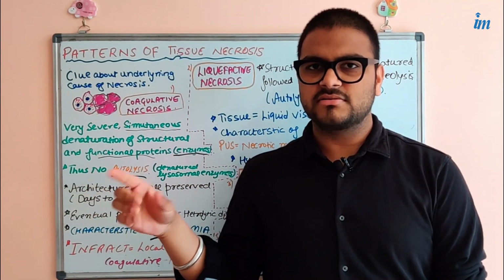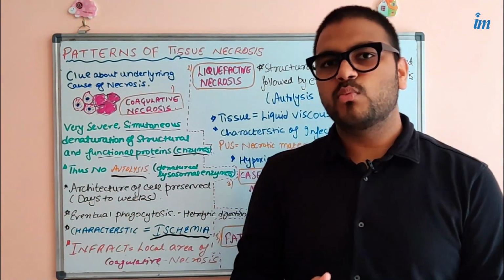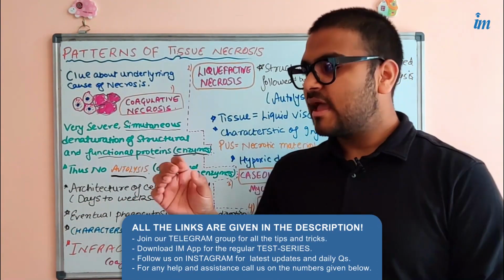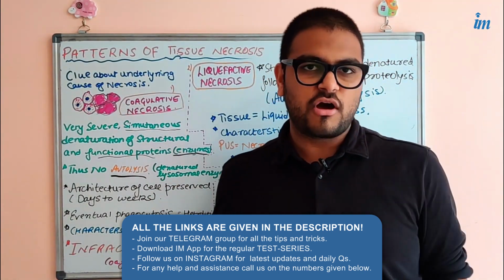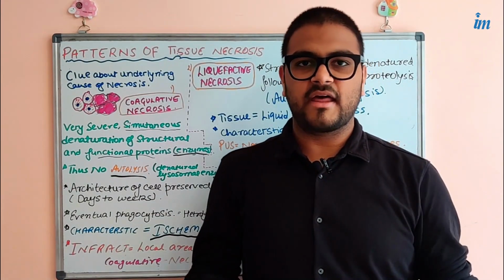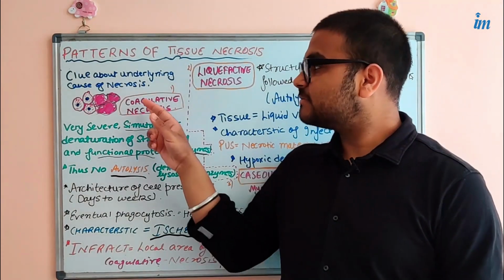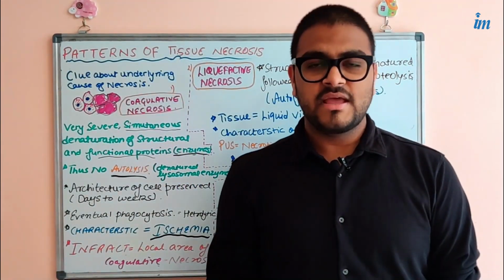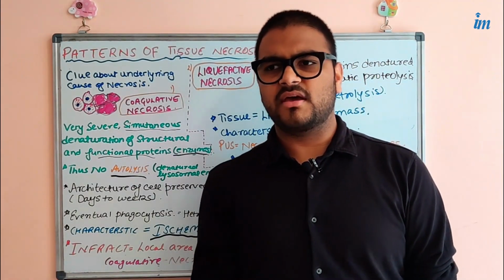Hypoxic condition to the cells, ischemia of the myocardium. And when the myocardium is dead after some time, and you see that myocardium cell under the microscope, obviously that cell is not going to tell you that I died because of ischemia. What you will see in that cell is the pattern of coagulative necrosis, and you come to know, okay, this cell must have died due to ischemia.